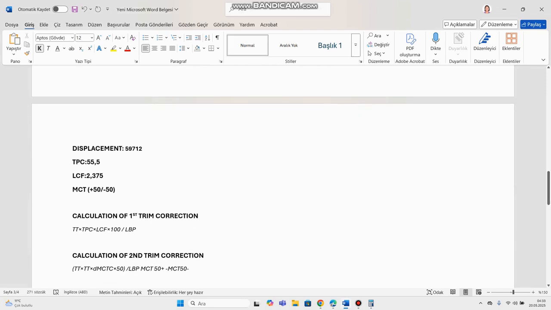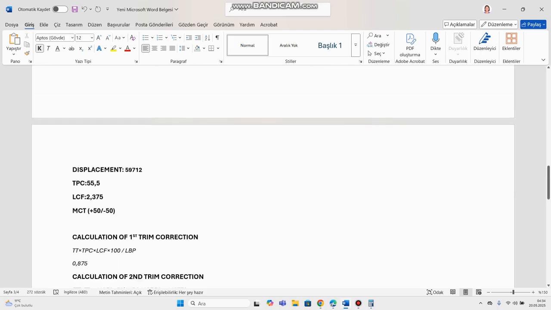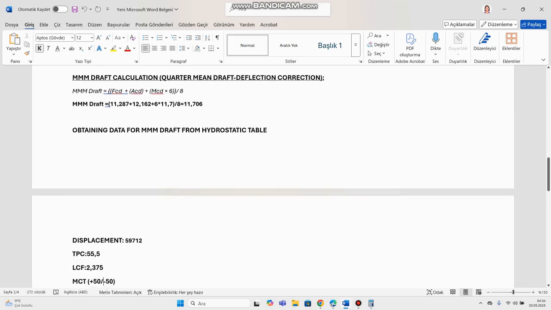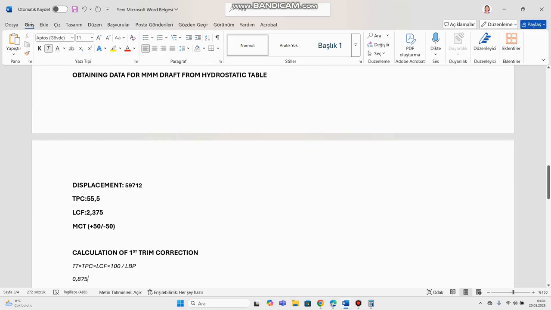Let's make first trim correction. Formula of first trim correction is trim times TPC times LCF times 100 divide LBP.